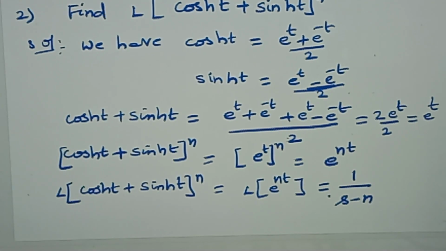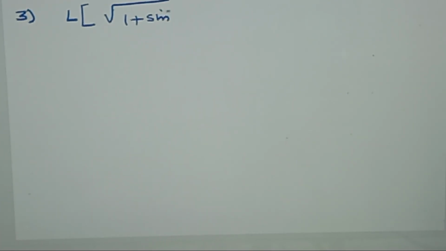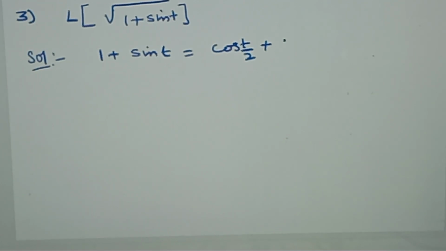Okay. So let us solve one important sum which is given. If we want to find Laplace transform of under root of 1 plus sin t, how do we write 1 plus sin t, students? 1 plus sin t can be written as (cos t/2 + sin t/2) the whole square.